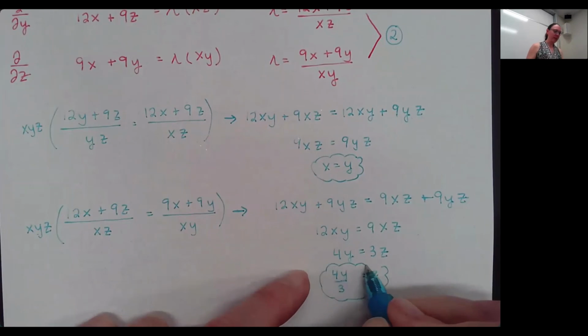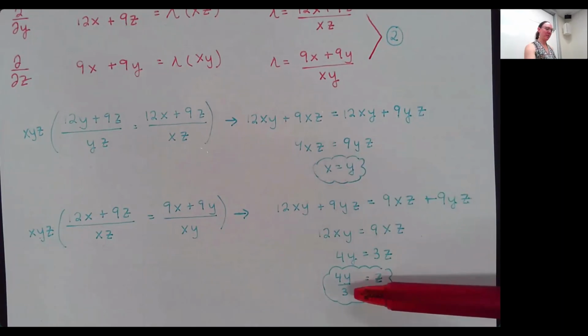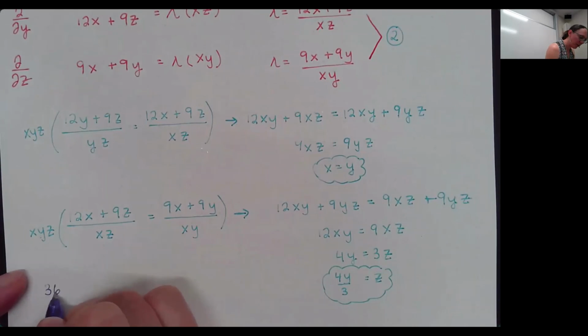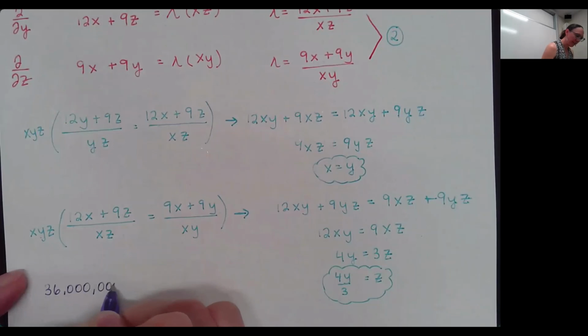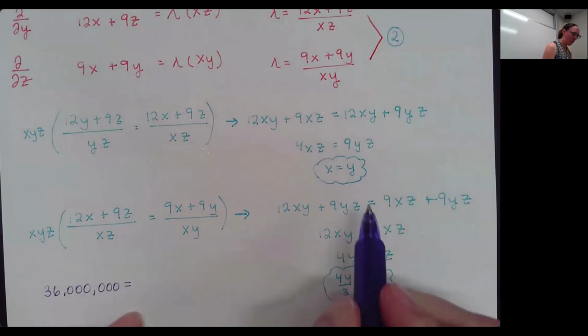The reason I'm doing that is essentially tying this back to 19b terminology. I have just made y my free variable, meaning I've written both x and z in terms of y, because my last step on a Lagrange is always to go back to the original constraint function to find the last variable. So if I go back to my original constraint function, we had 36 million is equal to x times y times z, but I'm going to write all of those in terms of y.